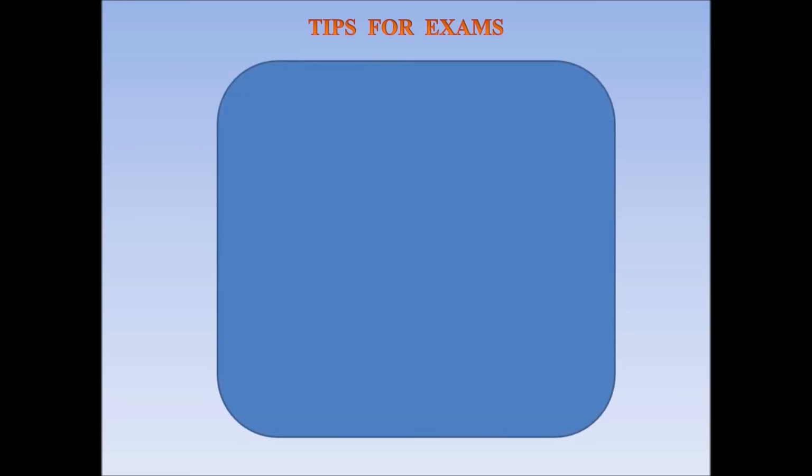So now I am going to give some tips for the exam. It's about how you are going to write in the exam, how you are going to solve this problem step by step. I am just going to tell you with this example. Here I am going to add 3 by 8 and 2 by 8.